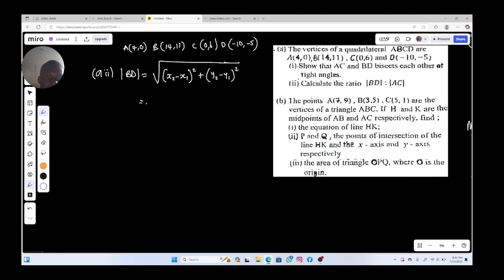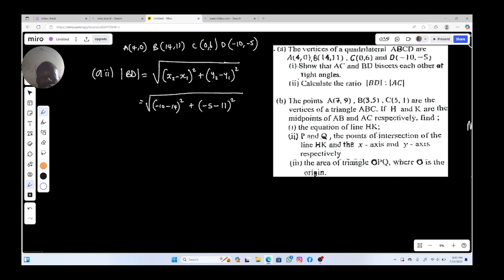So BD is going to be equal to the square root of X2, B to D. X2 is -10, then minus 14 all squared plus then -5 minus 11 all squared.